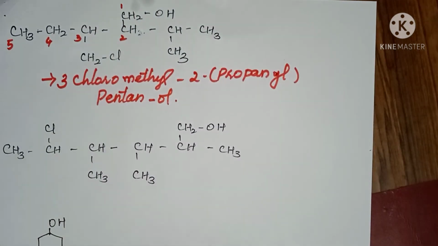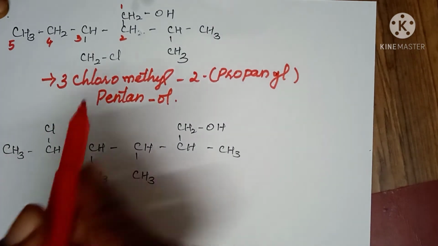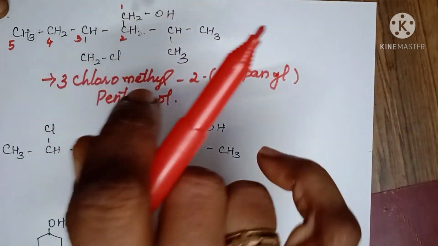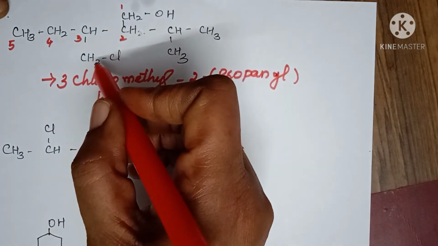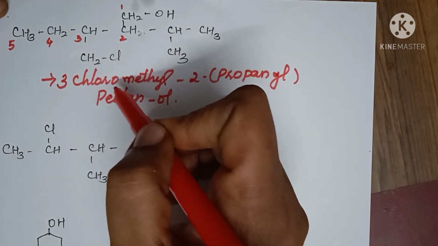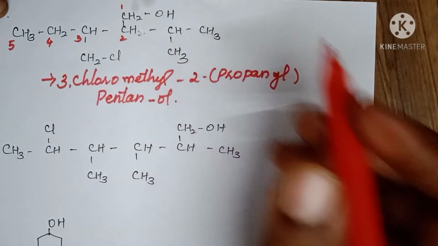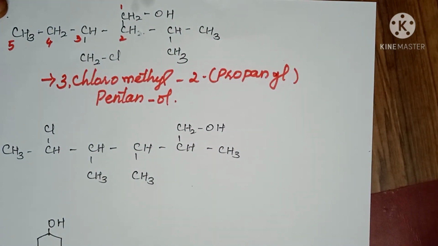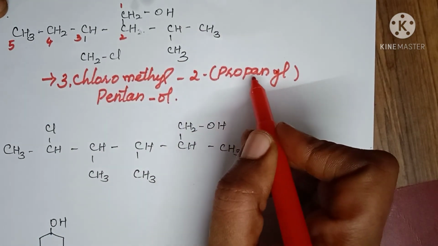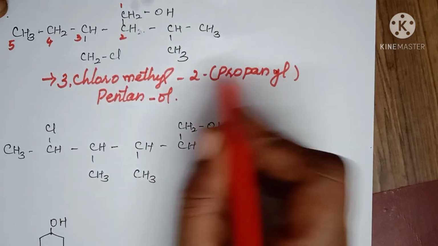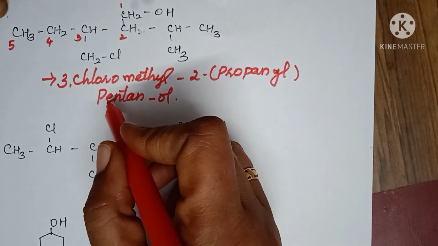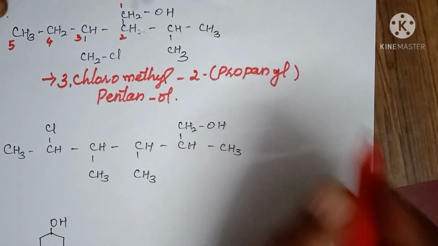So, how can you name this? First thing, wherever the OH is, the numbering system starts from there. That is the first point. Second point, any other functional group attached over there. Now, a chloro group is attached. So you have to give the name first according to the alphabetical order, chloromethyl. Okay, chloromethyl, then propanyl, in that second carbon, propanyl. And then how many carbons are there in the chain attached over there? Pentane, 5 carbons. So, pentanol. This is the way you have to give the name.